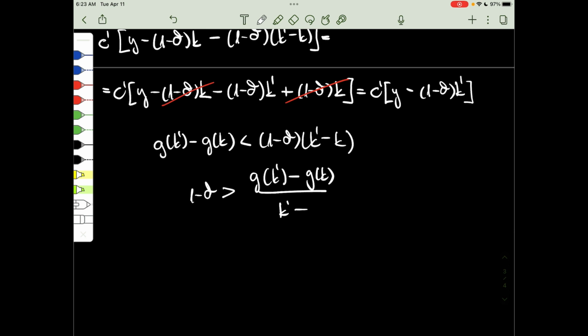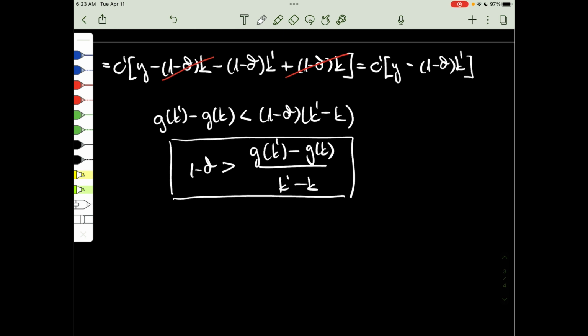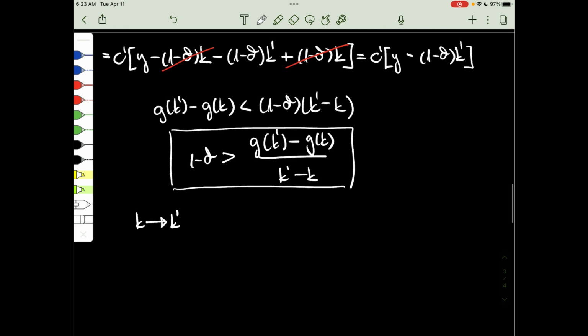This is simple algebra. And given the fact that k and k prime were both arbitrary, so they can be close to each other, then we can say that the slope of the policy function is less than 1 for sure.